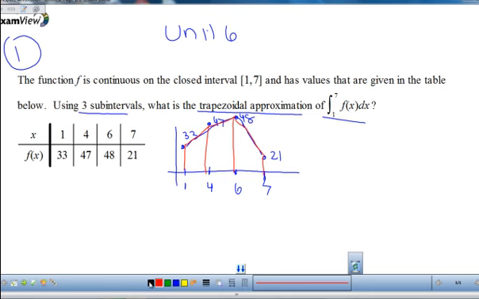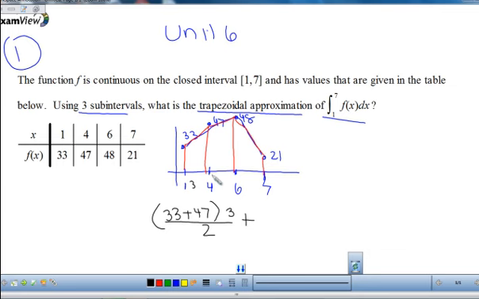So the area of the first trapezoid is base 1, which is 33, plus base 2, times the height, and the height is 3, from 1 to 4, divided by 2.